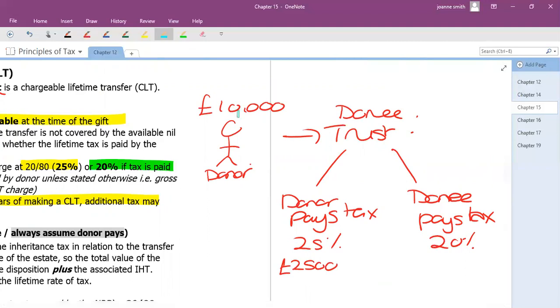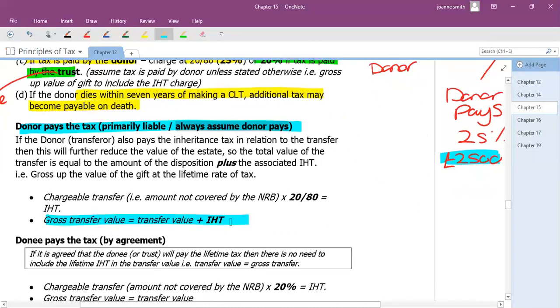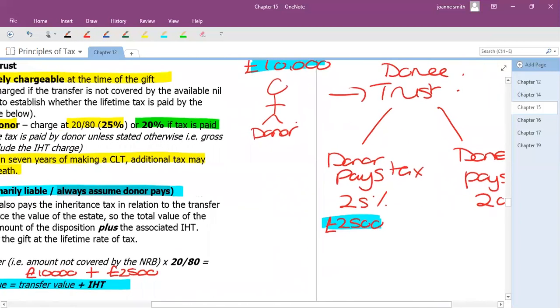So the value of my estate that's falling is 12,500, isn't it? I've got 10 grand going into the trust, plus I've got this tax bill of 2,500. That's really what it says here. When the donor pays the tax, the value of the transfer will be the original value that I put in, plus the 2,500, because that's what my falling value of my estate is. My assets are going to fall by 12,500.